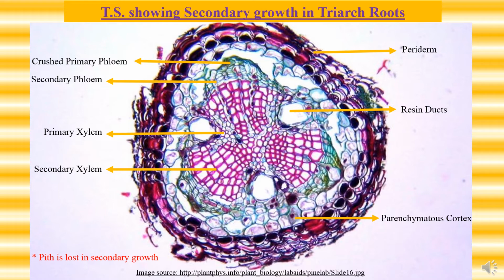Primary phloem also gets crushed and pushed into the cortex region in this process, and the pith in the center gets lost with time. Resin ducts still continue to exist.